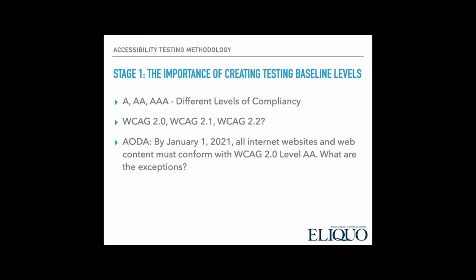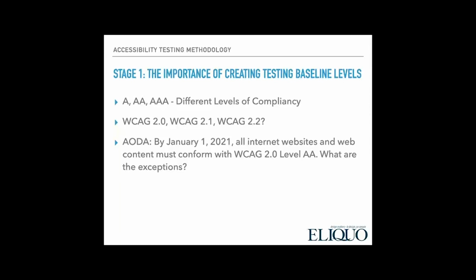So you need to meet all the A criteria and AA criteria. Now, AAA criteria, some of them are kind of tricky and difficult to accommodate. So none of them are mandatory, but there's a few of them that are easy to meet. And if you are able to meet them, you should be meeting them, right? Other ones are a little bit more difficult.